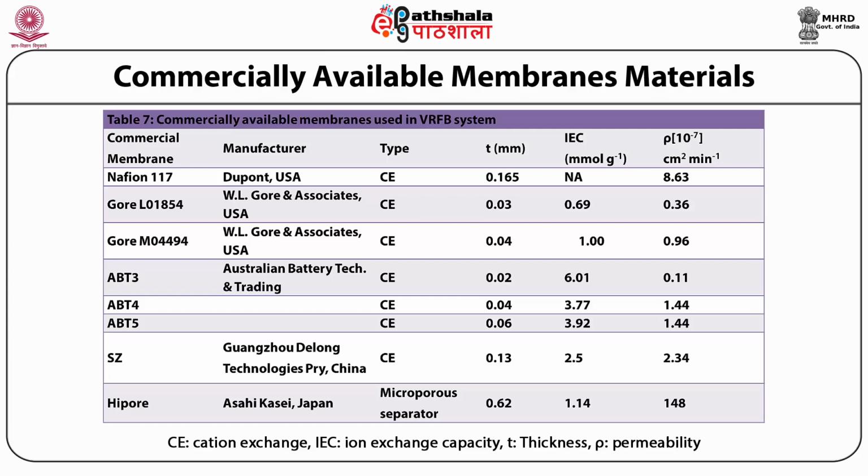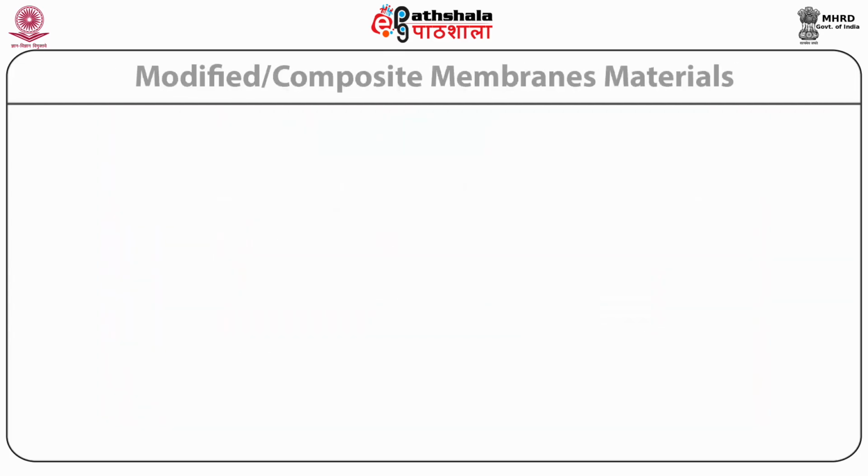Since all the other membranes degrade very fast in the vanadium-bromine electrolyte, the cycle life has been limited to less than 40 cycles. So students, now we will discuss the modified or composite membrane materials.